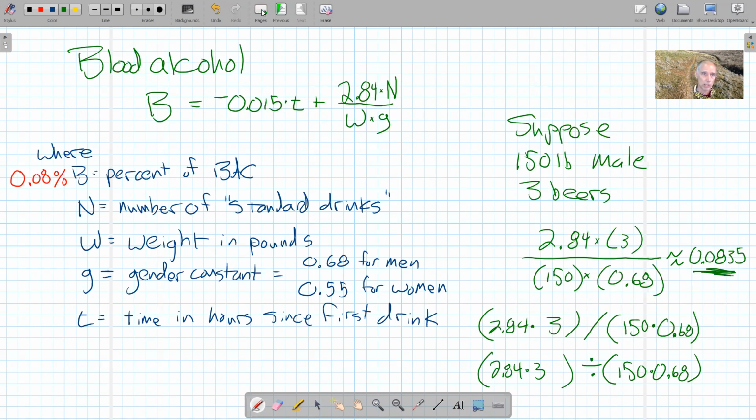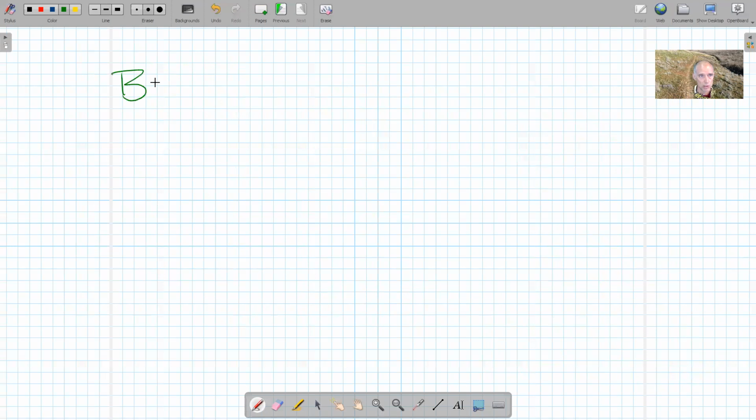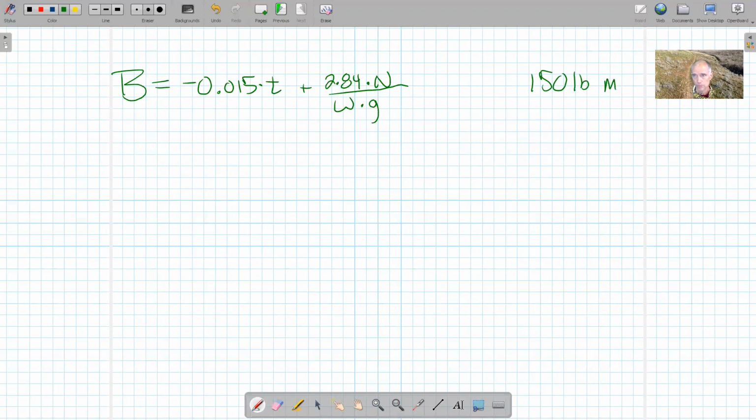So new page, the original equation, b equals negative 0.015 times the time that went by, plus that fraction, 2.84 times n number of drinks over weight times gender. And we're going to do that 150-pound male again, and 3 beers, and 2 hours later.